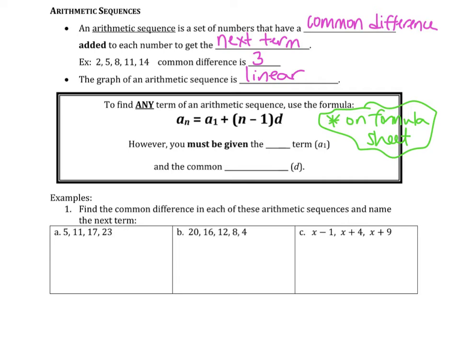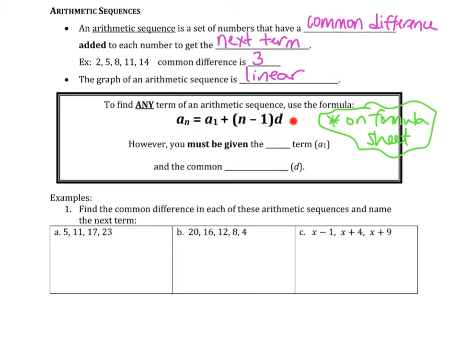Okay, so as I read the formula from left to right, it says a sub n is equal to a sub 1 plus n minus 1 times d. Now, what do all these things mean? Well, a sub n is the nth term of the sequence, is equal to the first term, a sub 1, plus the number of terms minus 1 times the common difference.